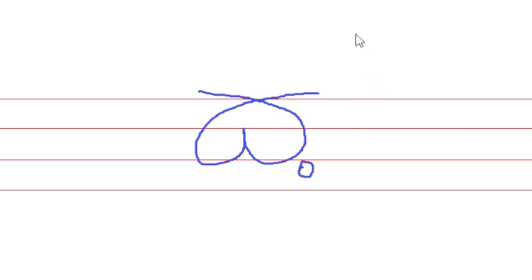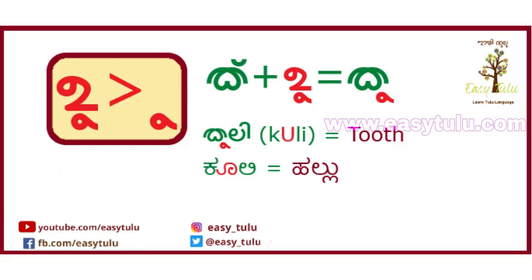Okay, next vowel is uu. This is the long u. K plus uu, kuu. Example: kuuli. Kuuli means a tooth. Hallu in Kannada.